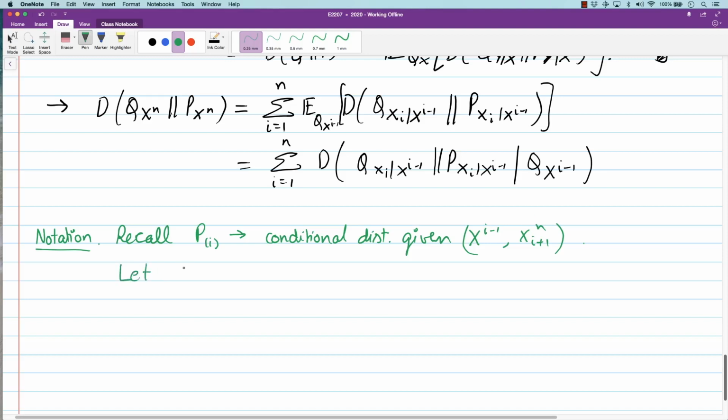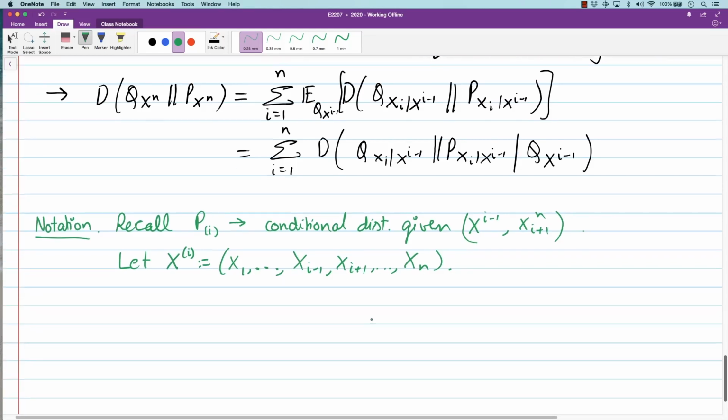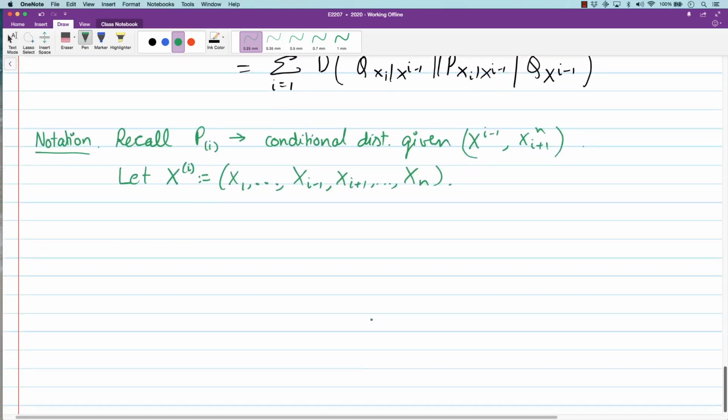Let x superscript i be defined as everything but the ith guy. This is a random variable which appeared in the Efron-Stein inequality.